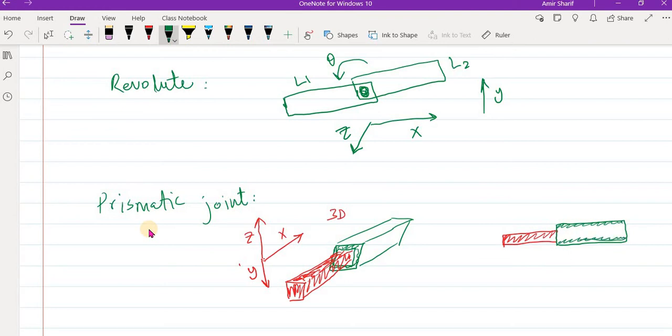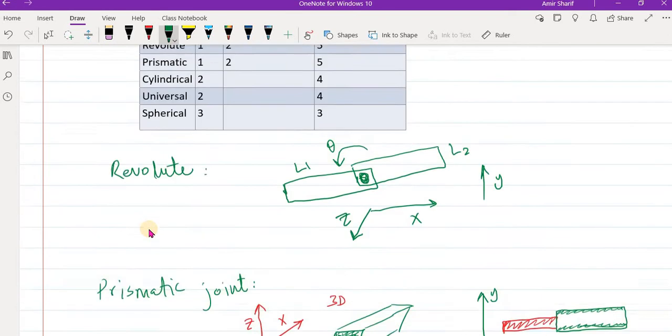In 2D, it can move along the x-axis, but it cannot move along the y-axis, and it cannot rotate about the z-axis. So there is no rotation, and it has only 1 degree of freedom.